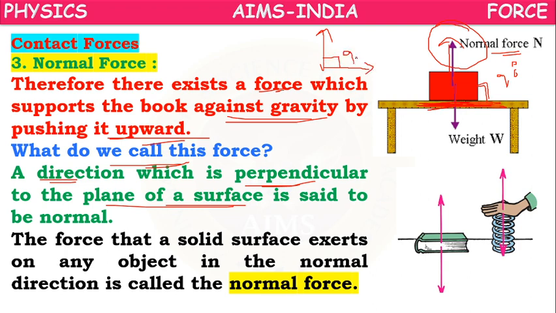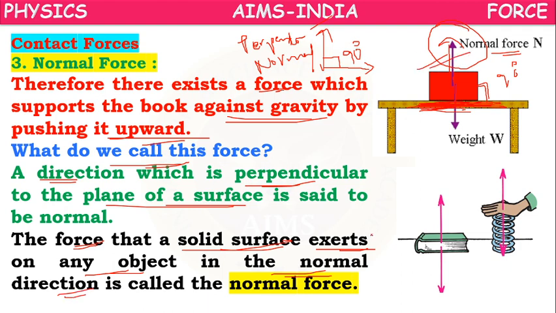If the angle is 90 degrees, this line is called a perpendicular line, or this line is called normal. This plane is a solid surface. It exerts on any object a force in the normal direction, the perpendicular direction. That force is called normal force.